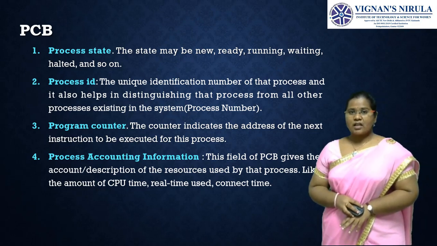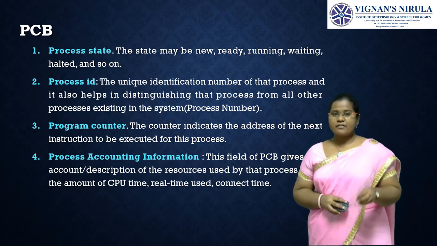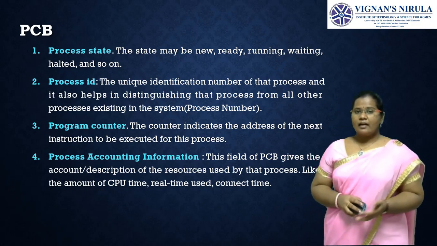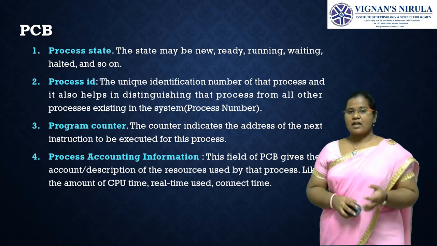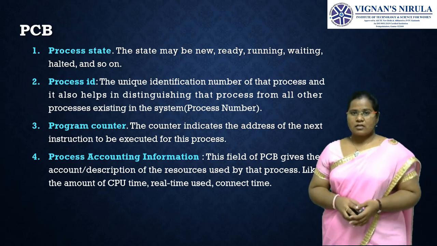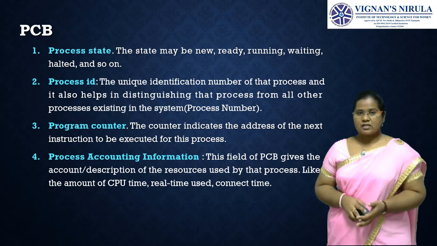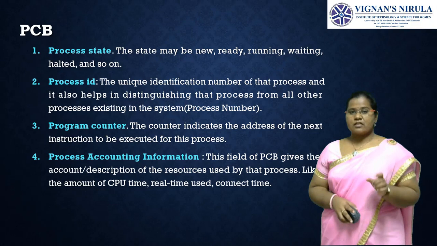The first thing is the process state. As we have seen, the 5 states of your process are new, ready, running, waiting, and terminated. All these states are represented in the process control block. The first part is your process state, which indicates in which of these 5 states your process is present.